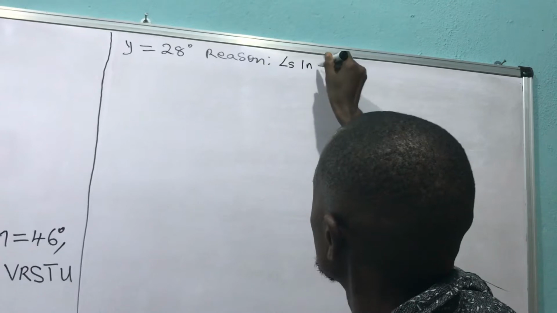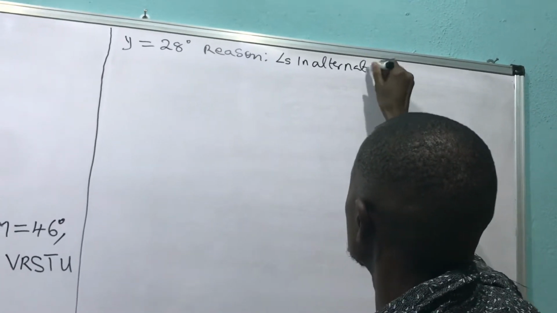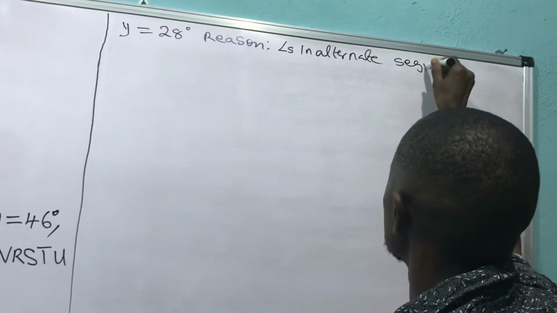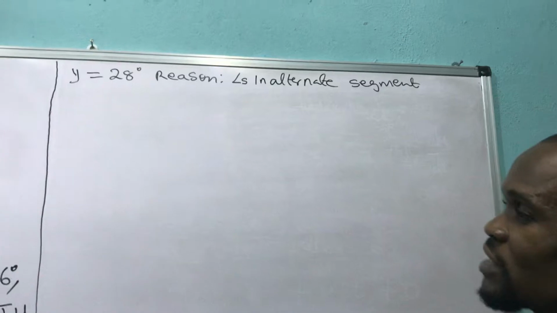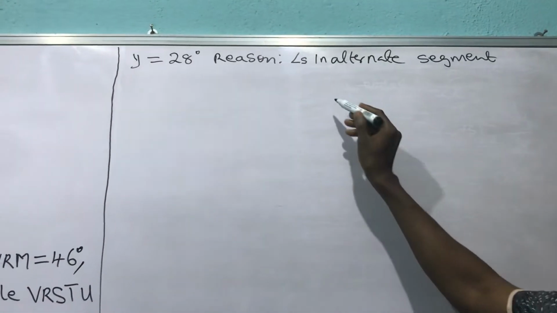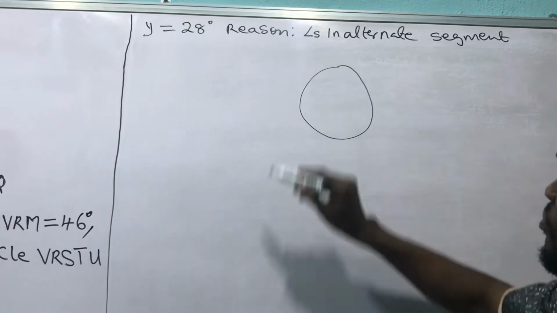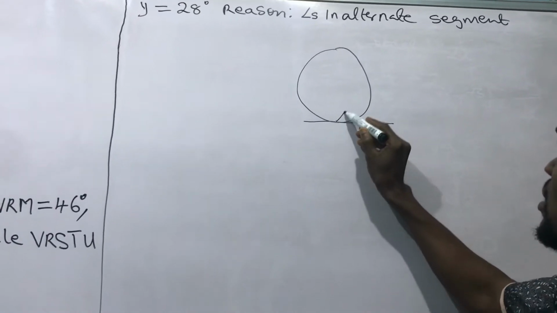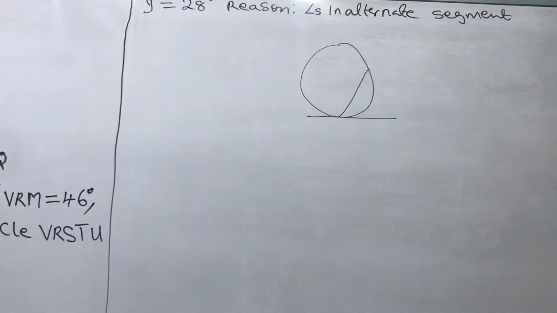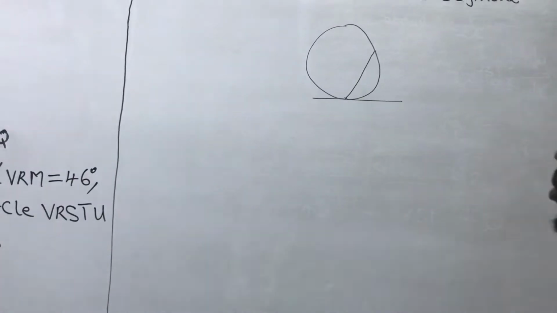Angles in alternate segments are equal. If we draw a circle, what do we mean by segments? If I draw a circle and this is a tangent, this chord makes segments.